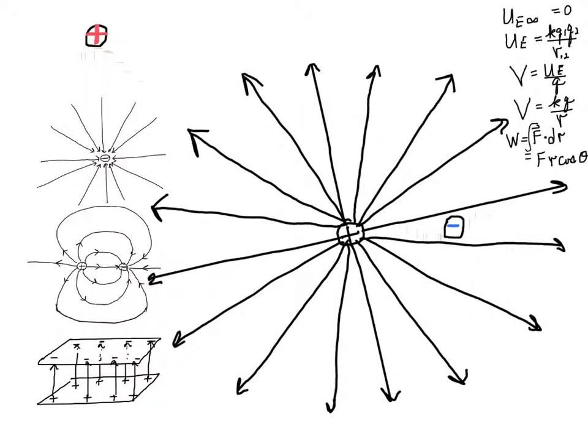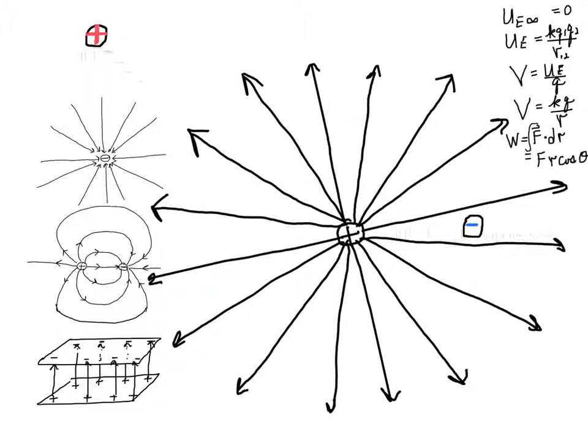Now clearly here, it's the opposite. Notice, if I release this, it's going to go in this direction. And the energy is getting more and more negative, so this gives me a negative energy. I have to do work to get it to infinity, right? If I'm going to get it far away where the energy is 0, I got to push it.